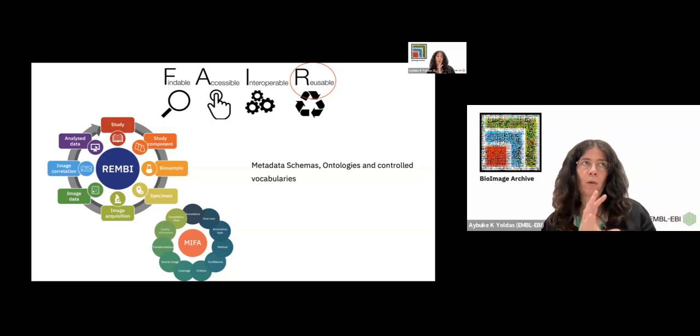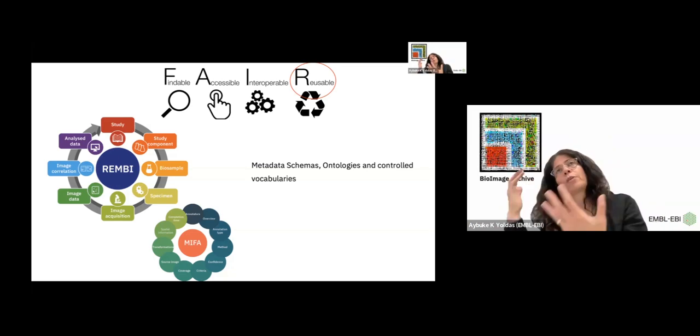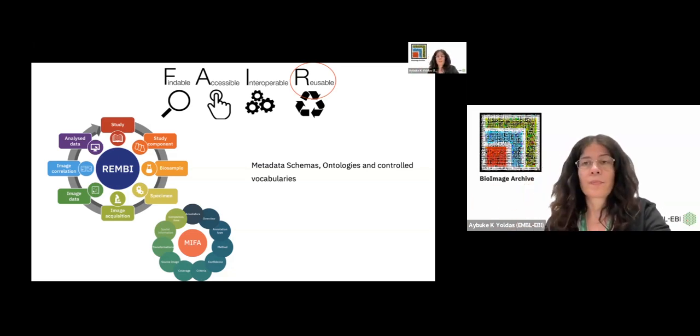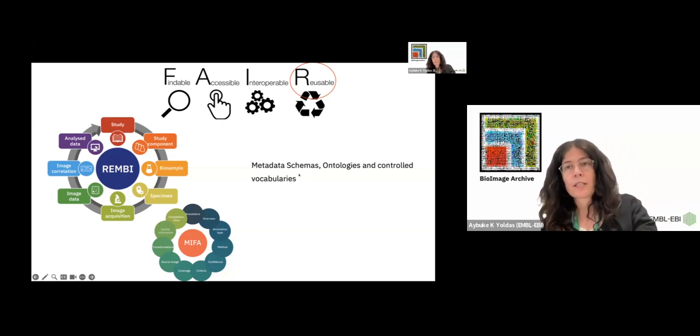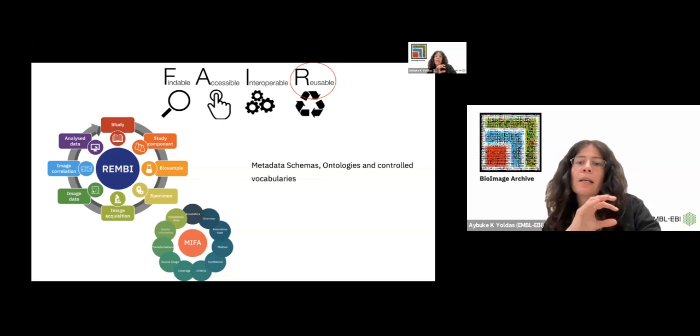These are all coming from the biological community. They were results of community meetings and workshops. And so we implemented these metadata schemas, which I'll summarize in the next slide in more detail, as well as using ontologies and controlled vocabularies where possible.